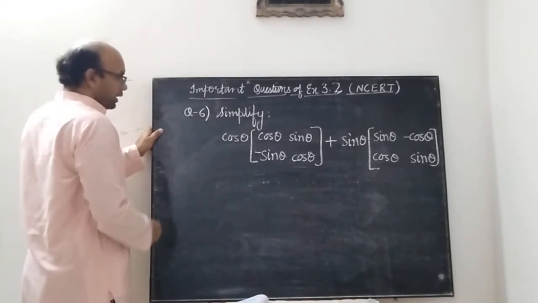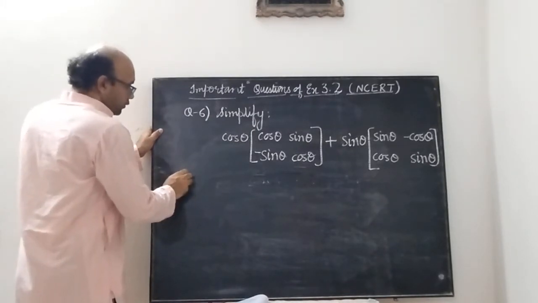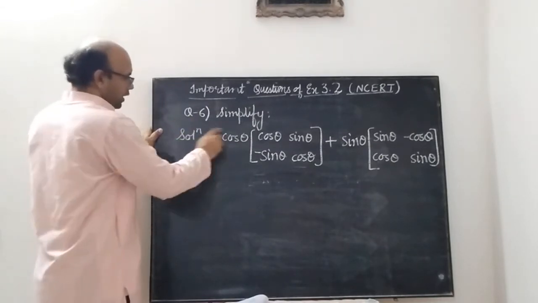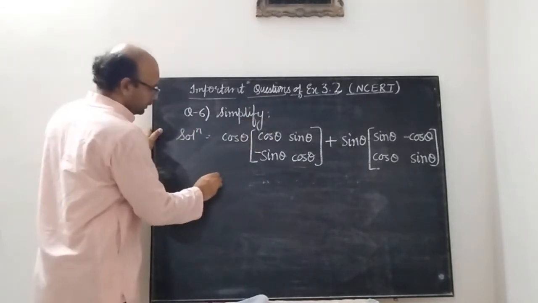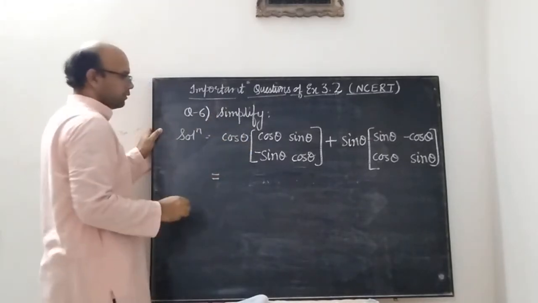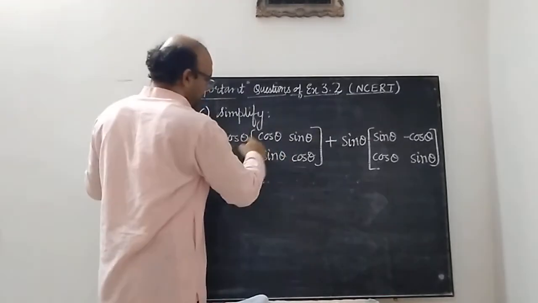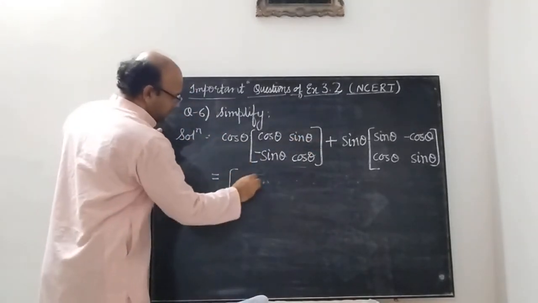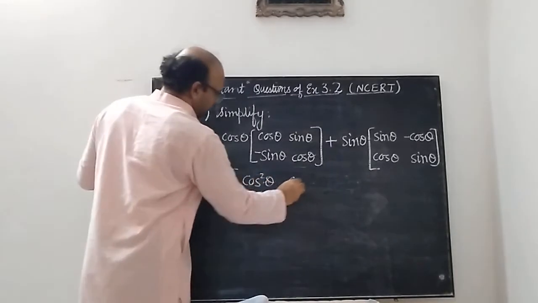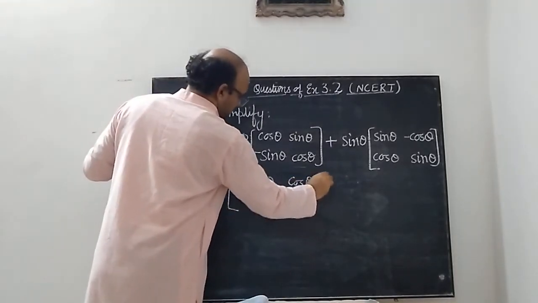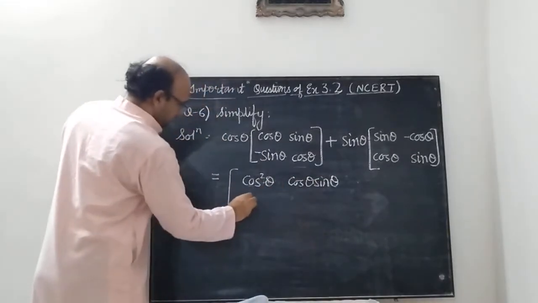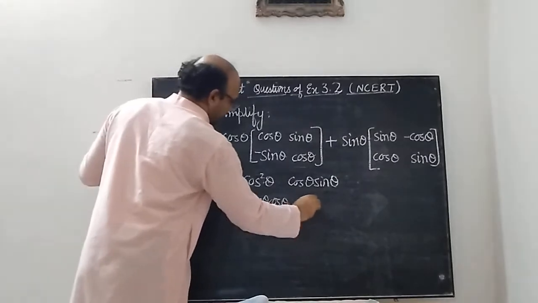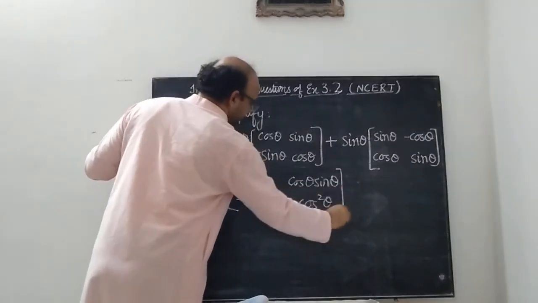So when we try to solve this one, we start with the expression given in the question. Just take cos theta as a scalar quantity. We multiply each element of the matrix by cos theta. What we get is cos square theta, cos theta sin theta, minus sin theta cos theta, and cos square theta.